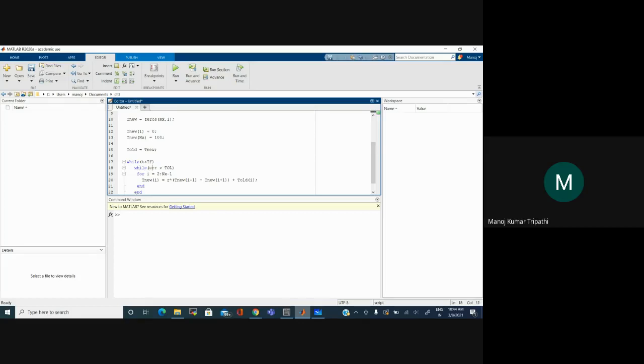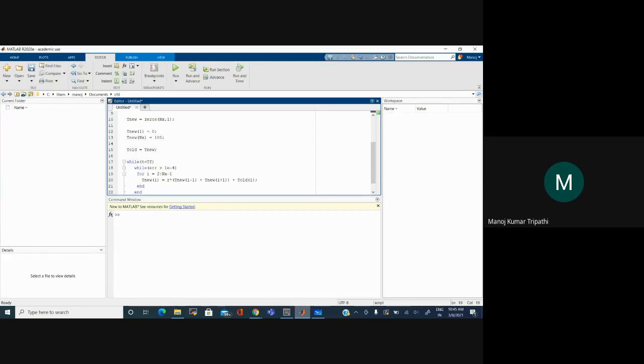We will run this until it is greater than tolerance. When it is less than tolerance, it will go out. So this tolerance value, we can set it to be 10 to the power minus 4 for now, let's say.